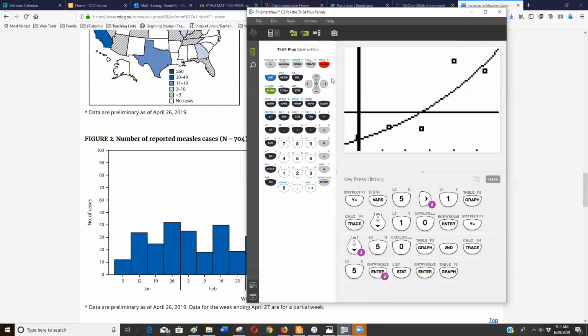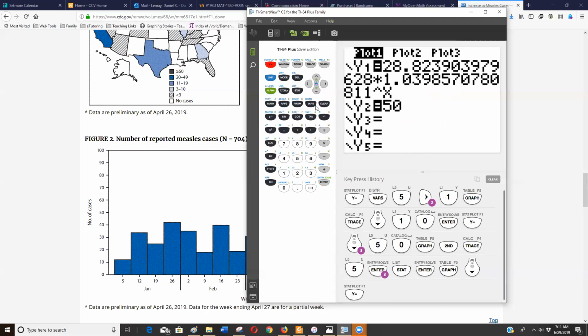So let's graph this. Actually, let me get rid of the equation. I don't want to get rid of that one. Let's see. How about if we do this? What if we say, when was it 30?